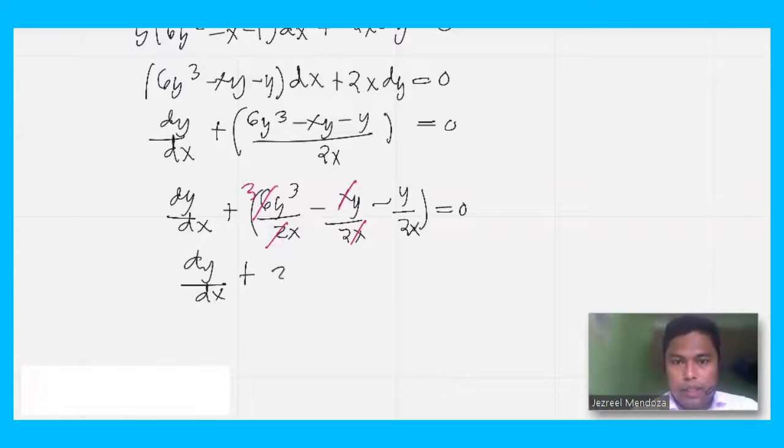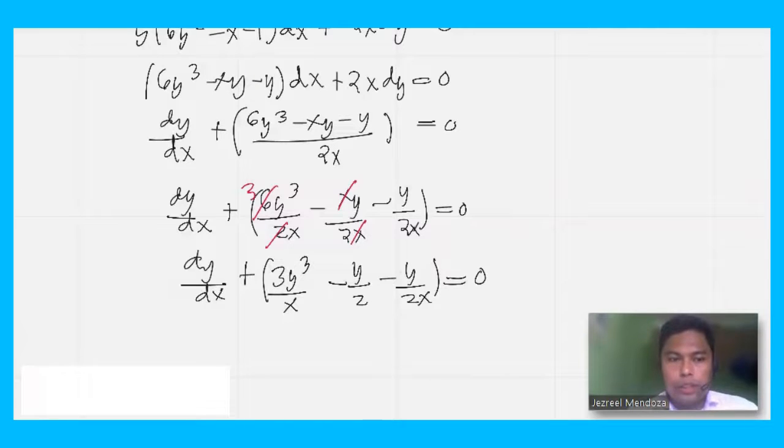That is 3y cubed over 2x, that's 3y cubed over x, minus y over 2, then minus y over 2x is equal to 0.